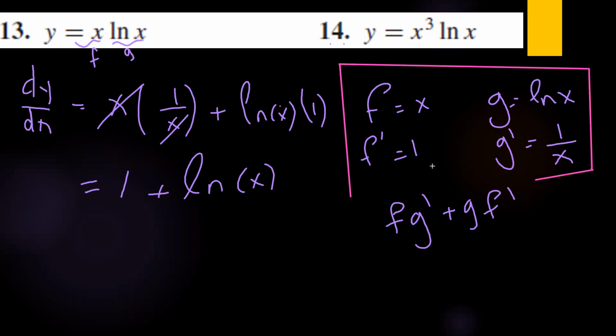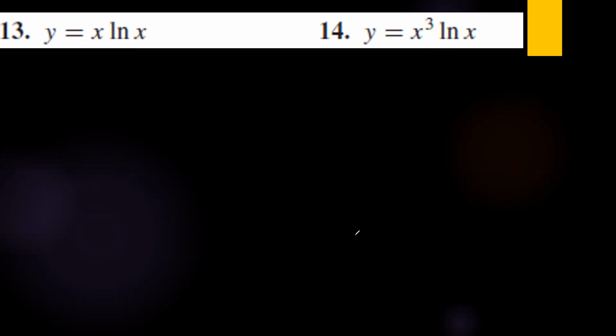After we write our derivative here, we have to remember what we said in the product rule, f g prime plus g f prime. Then we substitute x times 1 over x plus ln of x times 1. So we get 1 plus ln of x. This is number 13. Now let's solve number 14 here.